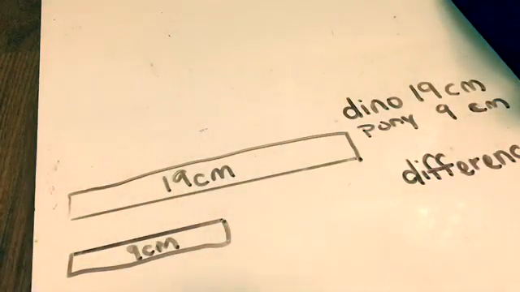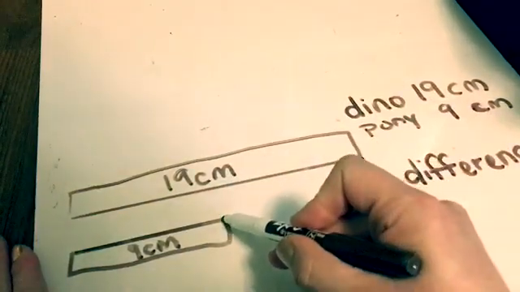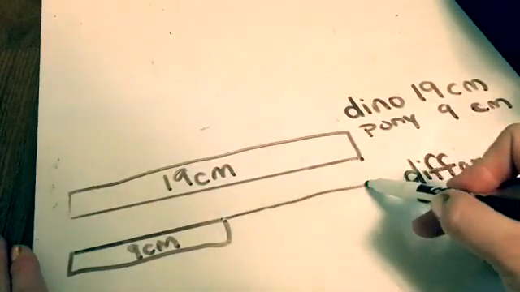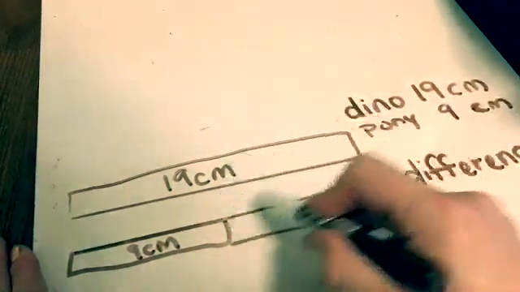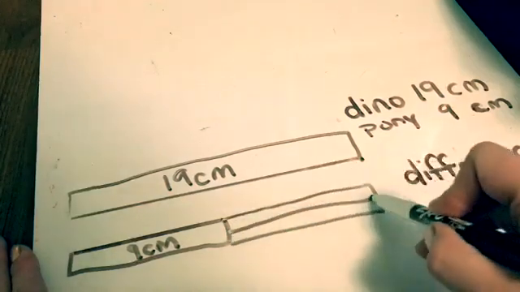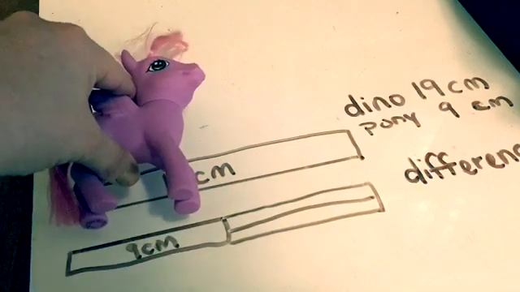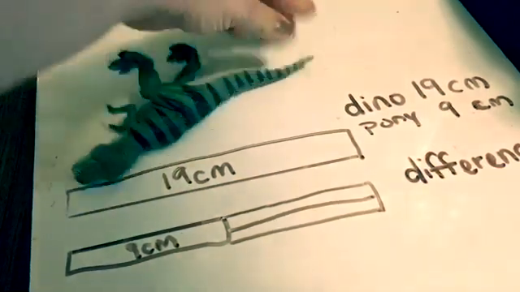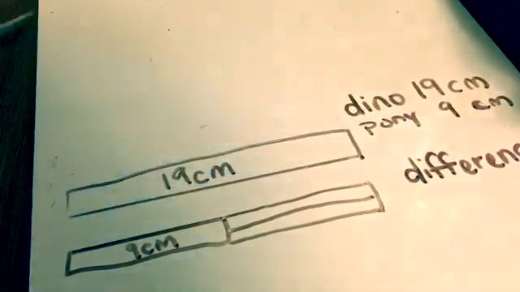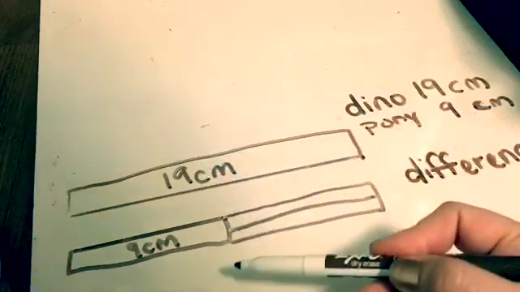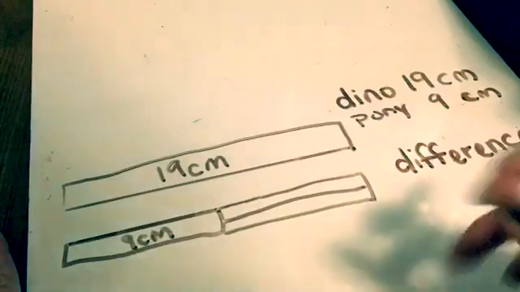Okay, so the difference between the two is the distance from here to here. Because the pony and the dinosaur are both at least 9 centimeters, but the dinosaur keeps going past 9 centimeters. But how far past 9 centimeters does it go? Well, you can do that by comparing these two numbers and finding the difference, which is subtraction.